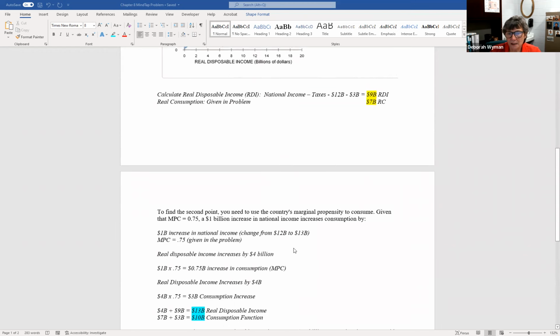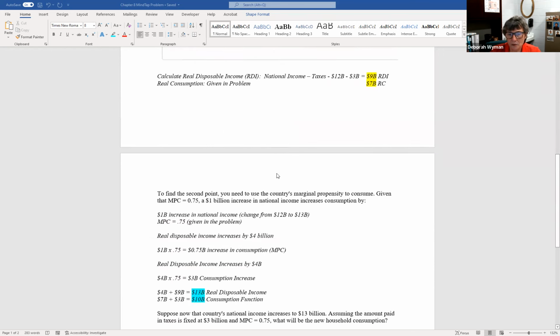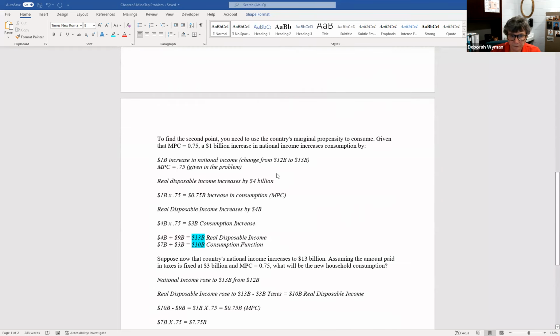So that gives you the second plot point, which is 13, 10. So 13 is the real disposable income, which is here, and the consumption is 10. Okay, so that's how you get your 2 plot points.